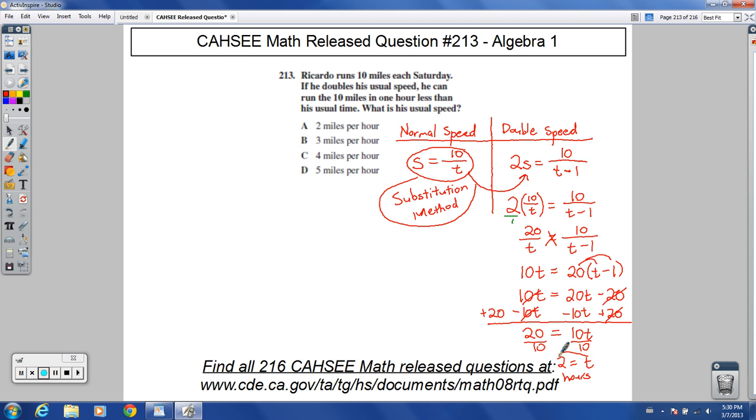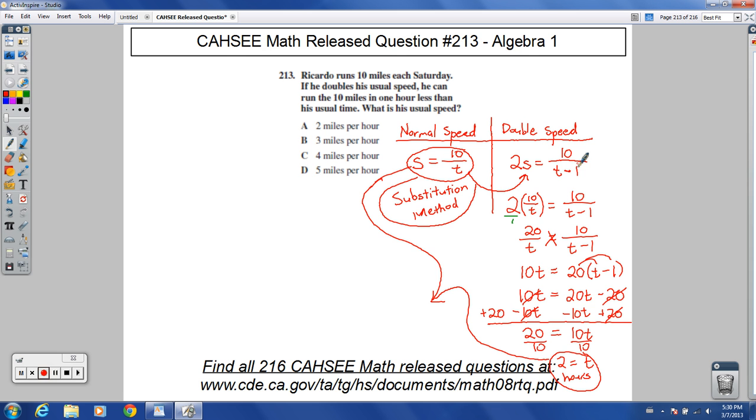But I'm looking for my normal speed. So I'm going to take that value and merge them together. The normal time, at least, is 2 hours, the t.